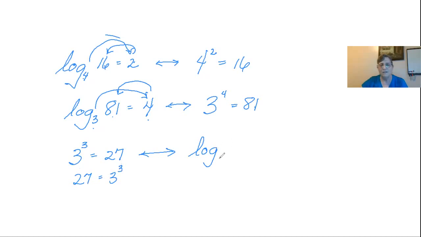The base here is whatever is being raised to the power. So this is going to be the log base 3. Either way, you then jump over the equal sign. So we start with the 3, jump over, of 27 equals, jump back, 3.